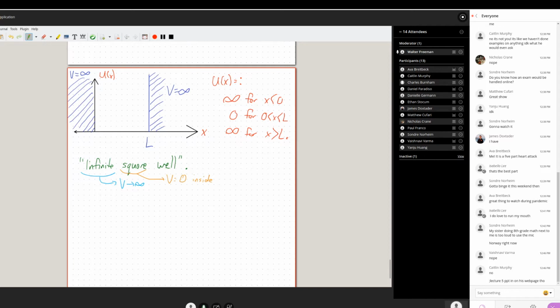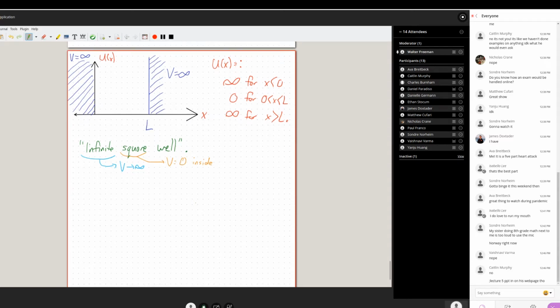So we have a particle that's basically a free particle, but it's trapped. So what we'd like to do now is to solve the Schrodinger equation for this setup.